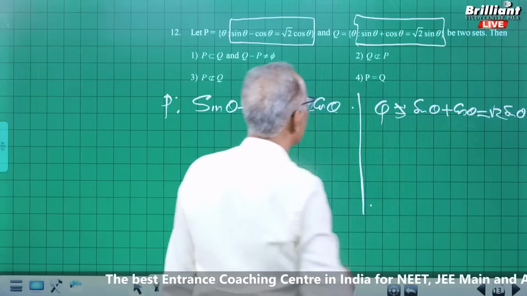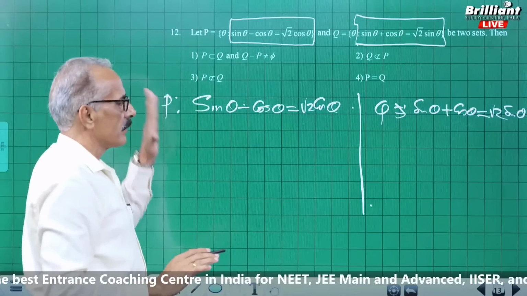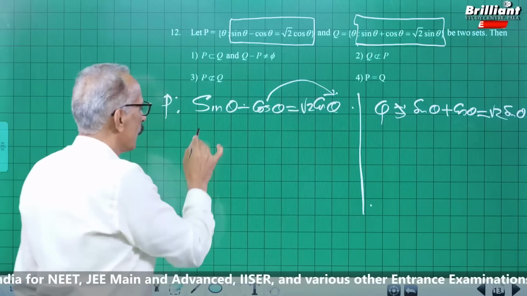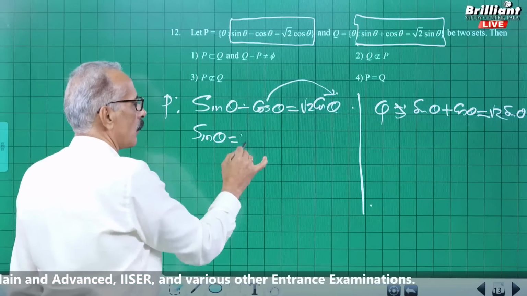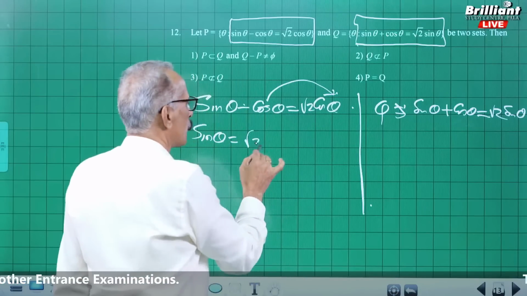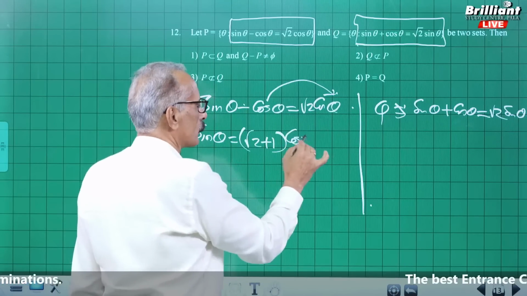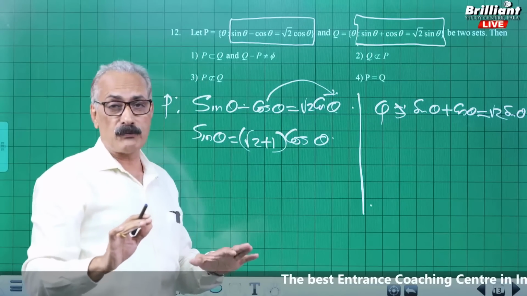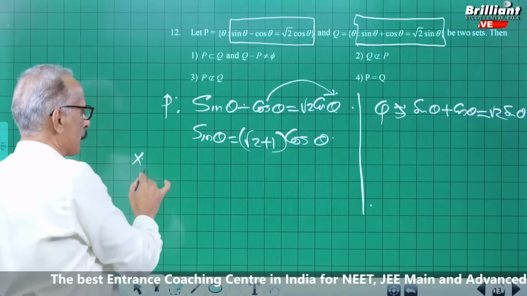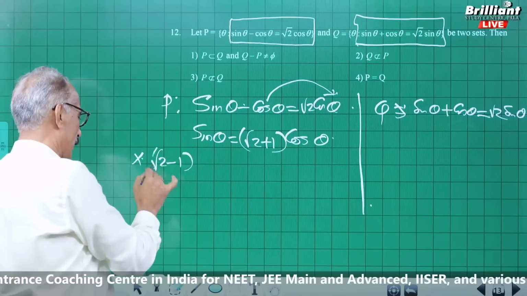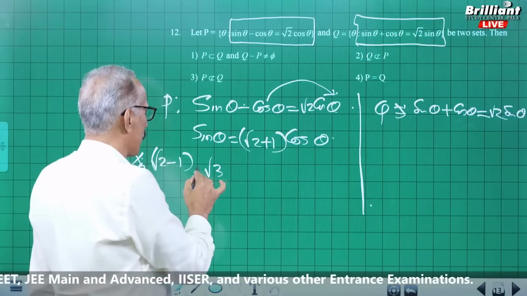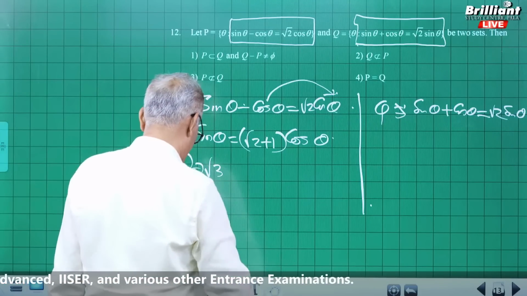Well, I simplify this. What do I do? I take this cos theta to the right side. Therefore, you have sin theta equal to root 2 plus 1 into cos theta. What next? Am I going to find out tan theta? No, never ever. This is root 2 plus 1. I multiply by root 2 minus 1, multiplying by the conjugate.